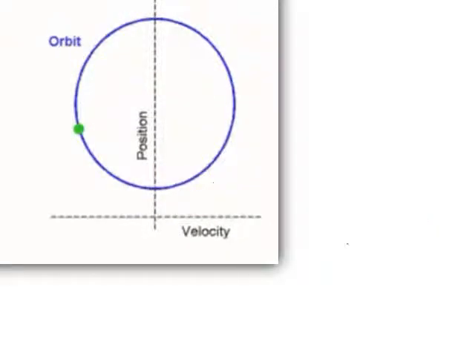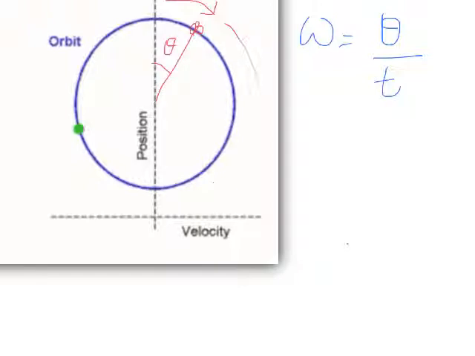Angular frequency is rather different. The angular frequency is the angle that's swept out as you move across in a circle. So if you're moving along here, what is the angle that you are covering per unit time? As you move further and further around the circle, this angle will increase. We can define that as an equation by considering an entire circle.